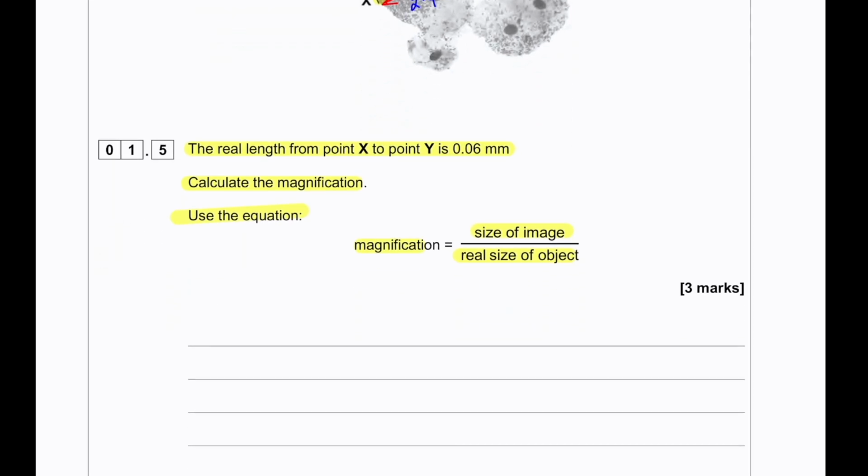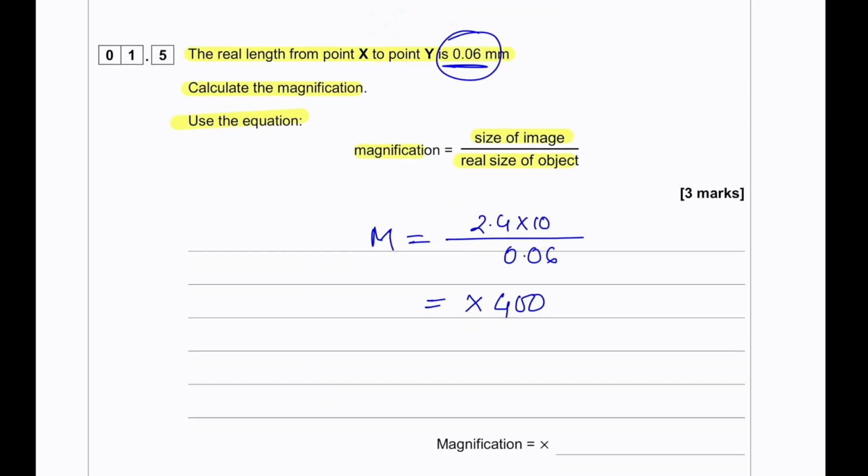Since the original value is given in millimeter, we will write M equals size of the image. Instead of writing 2.4 centimeter, we will multiply it by 10, which will give us millimeters, divided by the size of the real object, which is 0.06. Once we do the division, we get 400, which is the magnification.